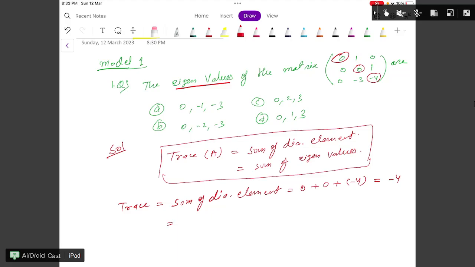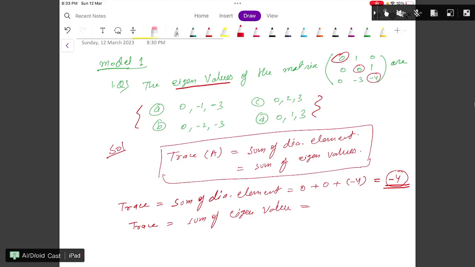Now again, the property tells you that the trace of the given matrix will be equal to the sum of the eigenvalues. So the sum of the eigenvalues should be equal to minus 4 according to the property. Among the 4 given options, whichever has the sum minus 4 will be the eigenvalues.